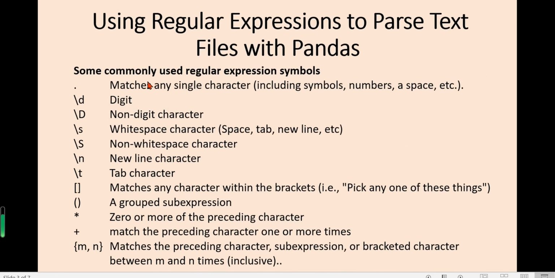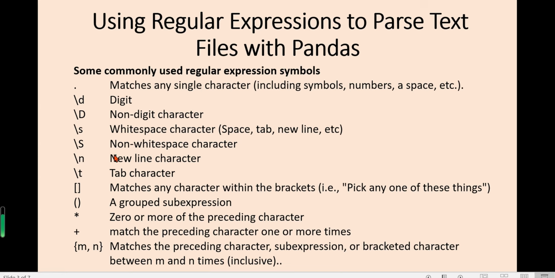These are some commonly used regular expression symbols. The dot matches any single character, including symbols, numbers, and a space. Backslash lowercase d means any digit, and backslash capital D means a non-digit character.